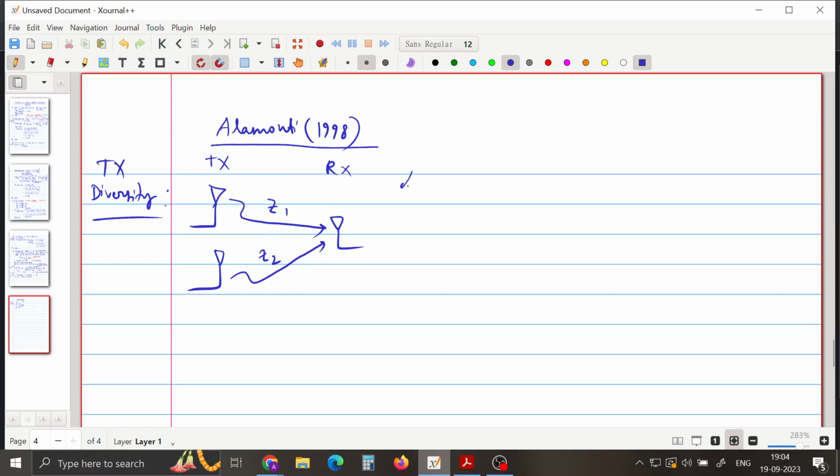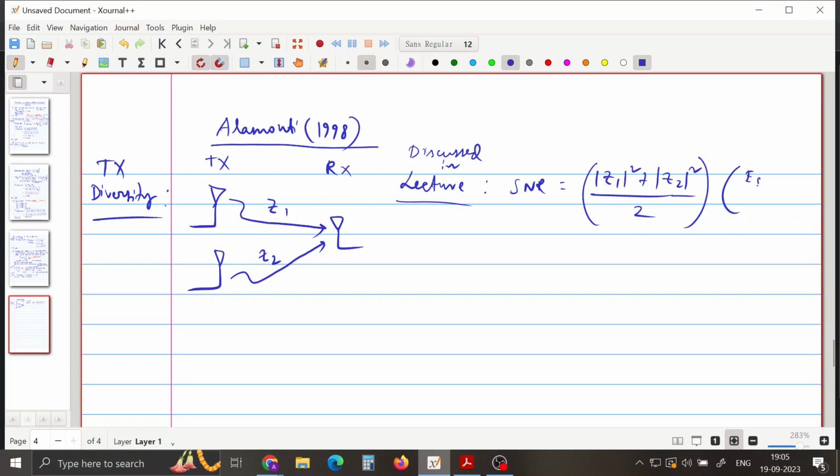So if you go back to your lecture notes, discussed in lecture, your SNR was of the form mod Z1 squared plus mod Z2 squared by 2 times Es by sigma n squared, or you denote this by gamma also.